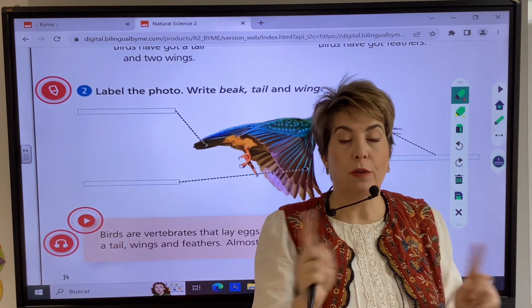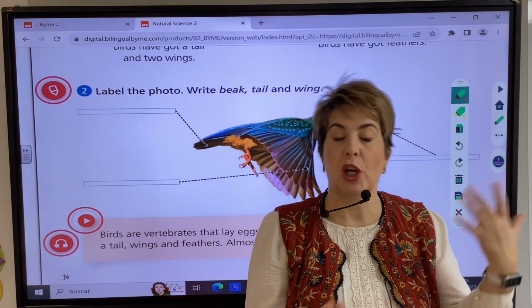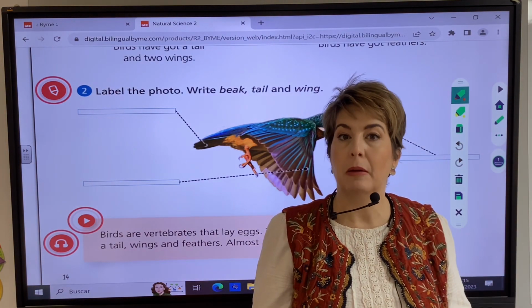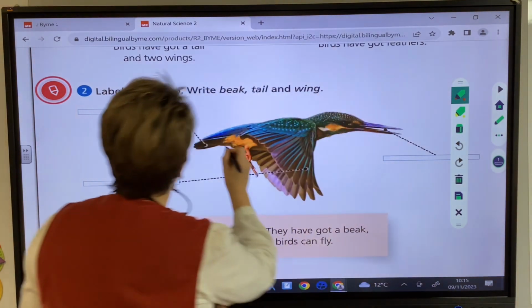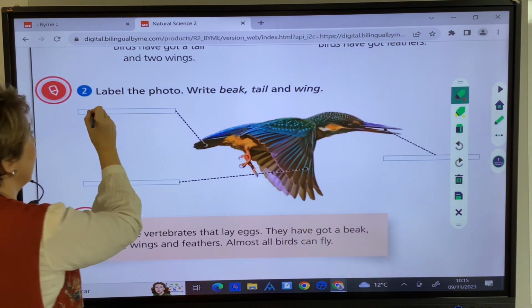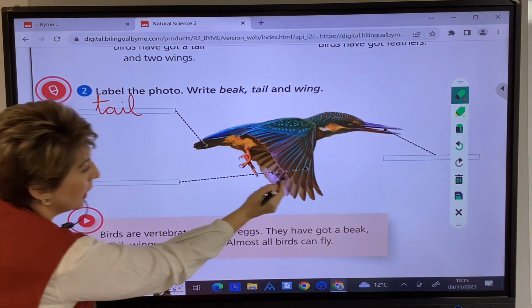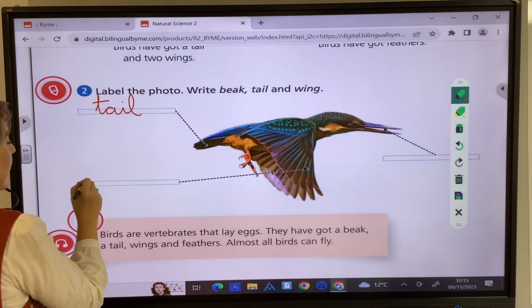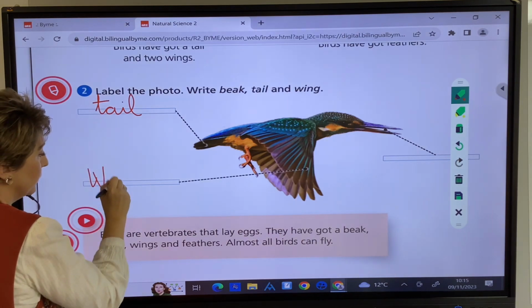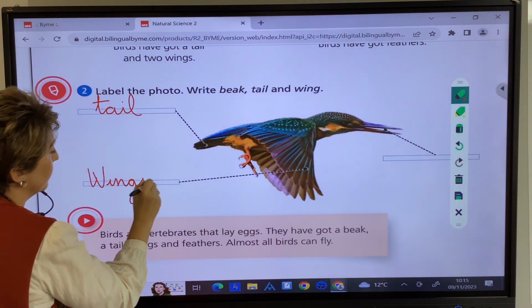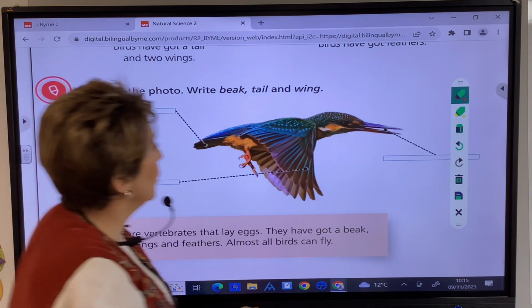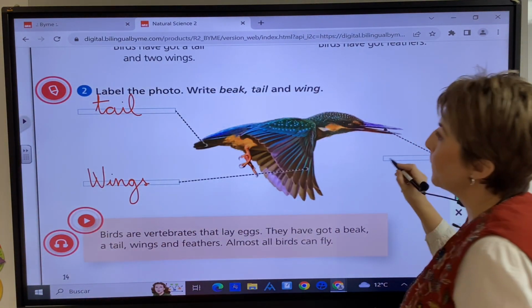Some birds don't fly like the ostrich and the penguin, but in general, birds fly. We've got the tail, we've got the wings, and we've got the beak.